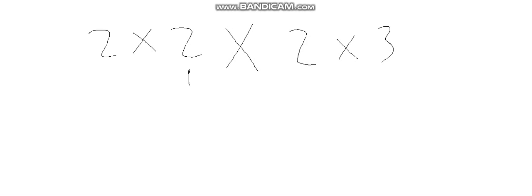We have a 2 by 2 matrix, and we're multiplying that by a 2 by 3 matrix. These two can be multiplied because the number of columns in the first one is equal to the number of rows in the second one.